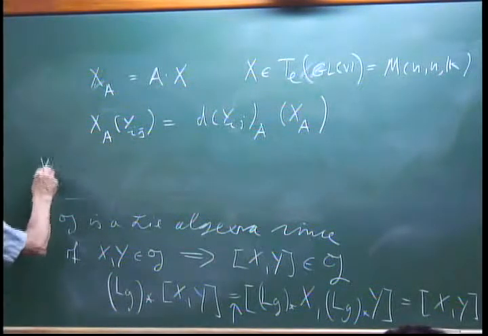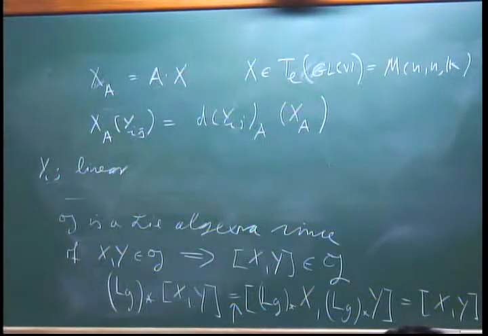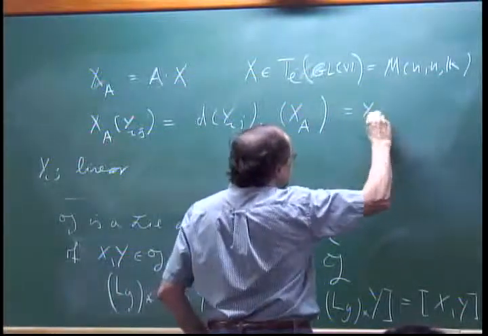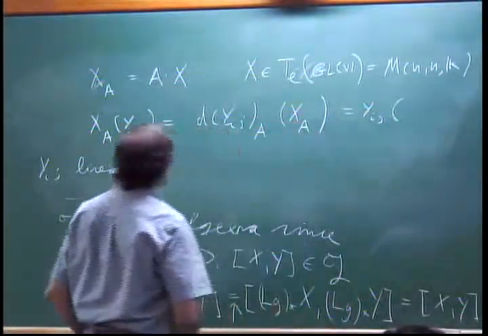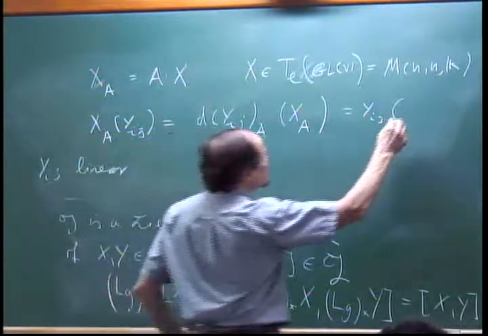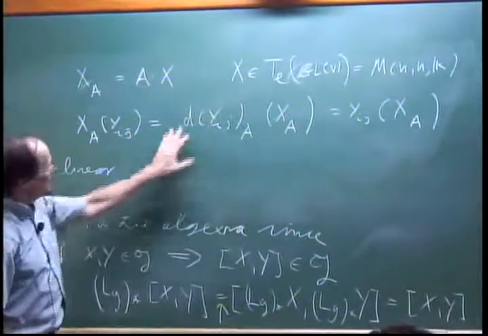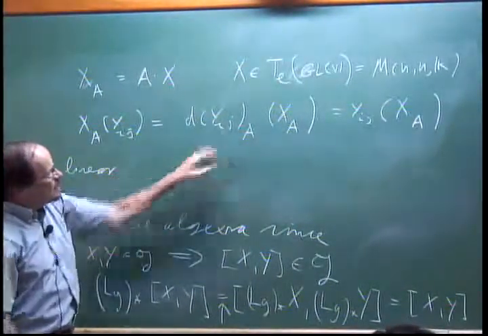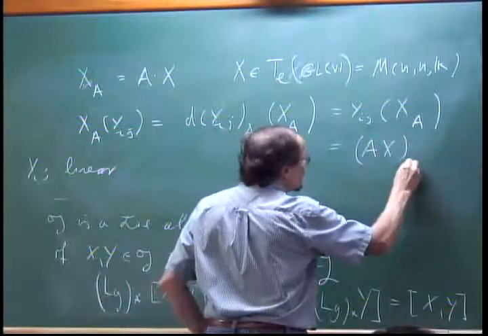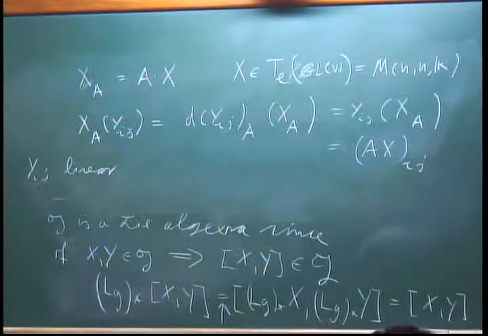Right? So yij is linear, so the derivative is itself again. So this would be yij applied to x_a. This is a linear map, so derivative itself. And this, of course, is then the ij component of ax. Okay. And now do it the other way around.